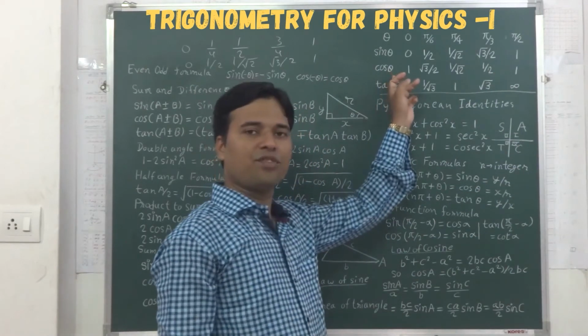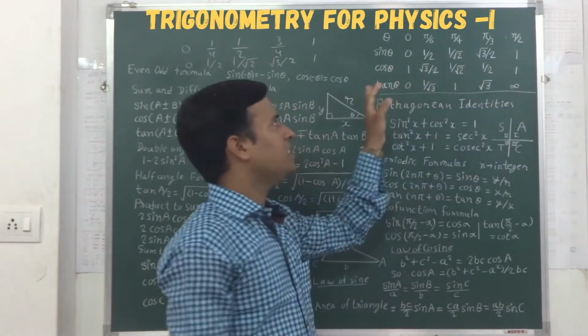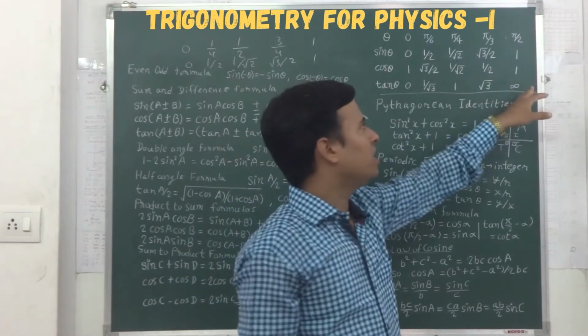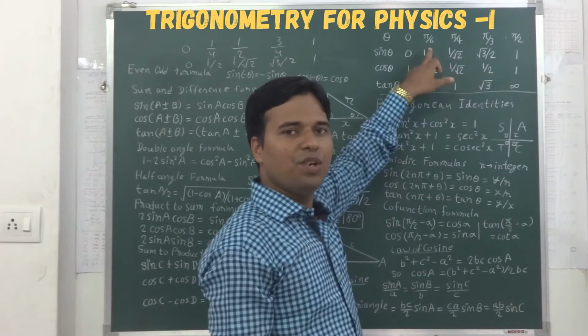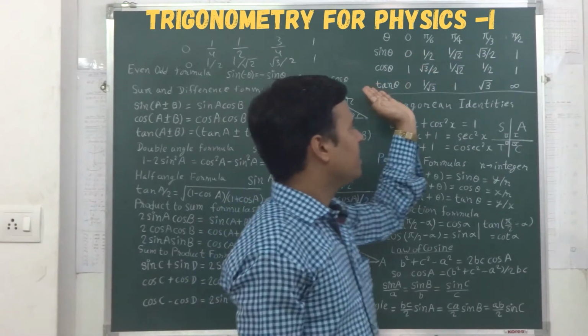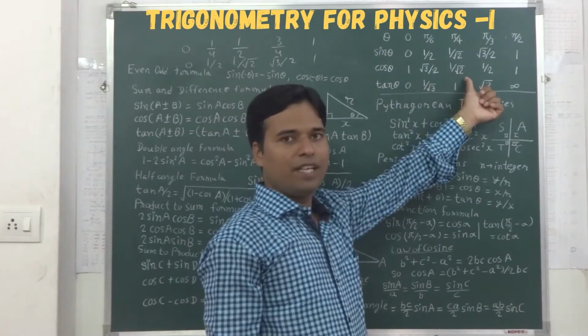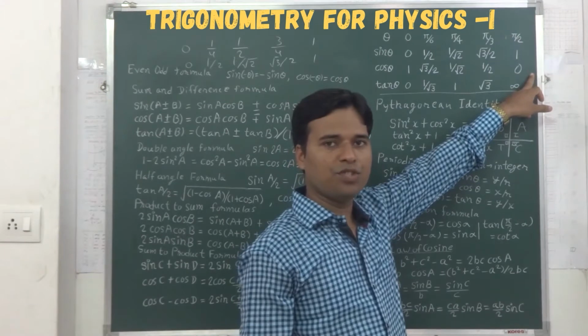Now dear students, for cos theta you can write those values in the opposite direction. You can write here in opposite order 0, root 3 by 2, 1 by root 2, 1 by 2, 0. In this manner you will get the value 1, root 3 by 2, 1 by root 2, 1 by 2, and the cos 90 degree is equal to 0.